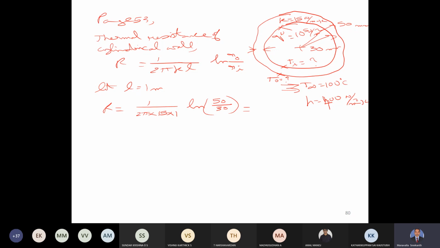What's the value? Sir, it's coming around 5.42, multiplied by 10 power minus 3. What's the unit of thermal resistance?